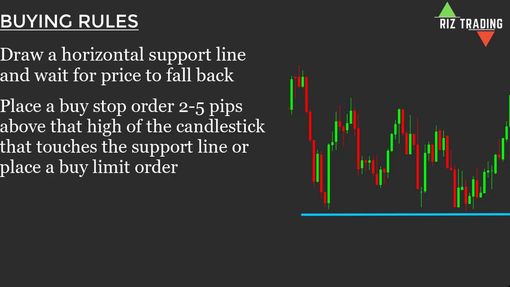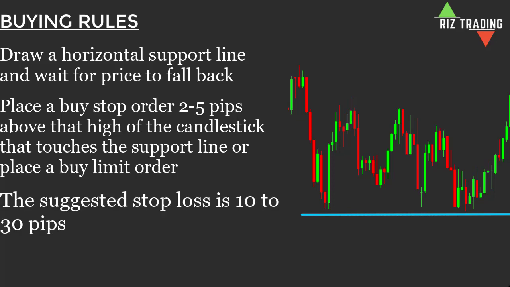When price falls back and touches the support line, wait for that candlestick to close and place a buy stop order 2 to 5 pips above the high of the candlestick that touches the support line, or place a buy limit order so when price touches it, it activates it and your trade will be placed. Or you can buy manually at market price when price touches that support level.